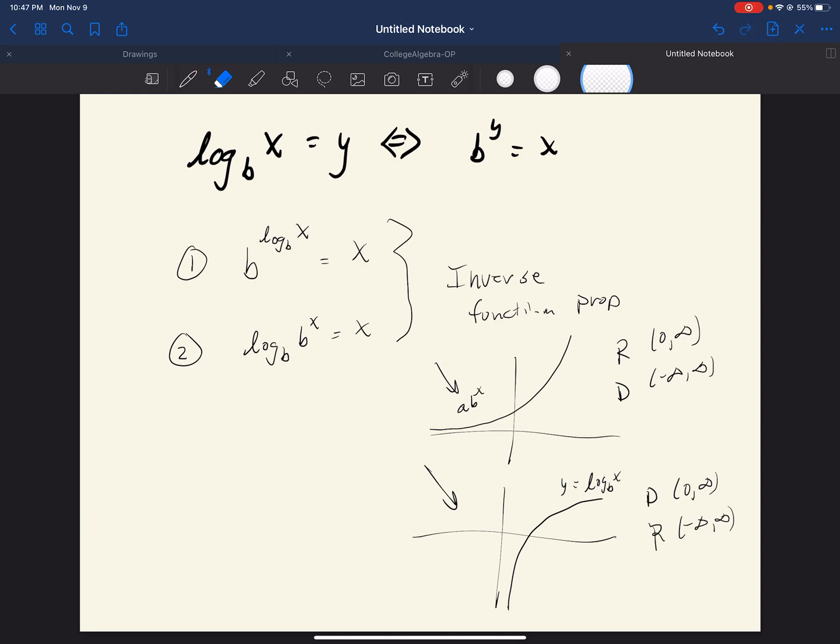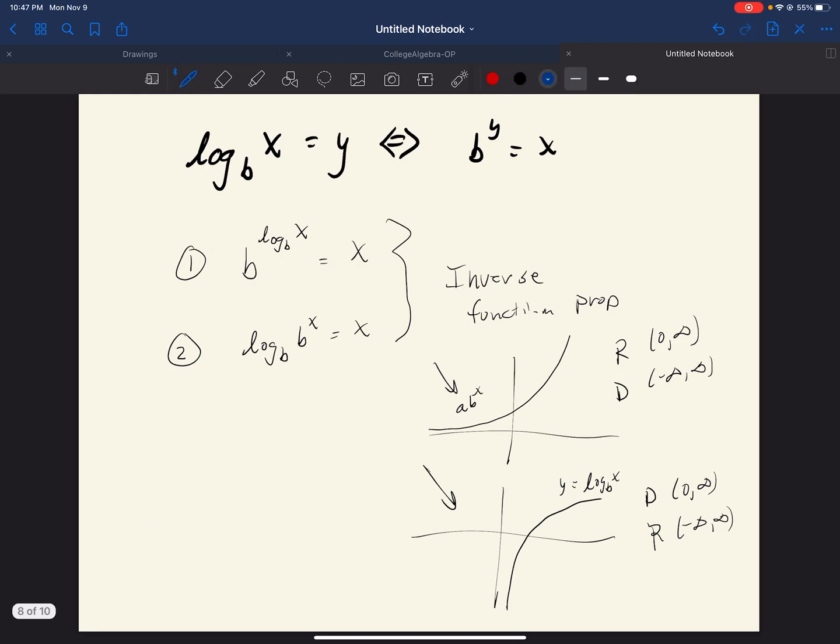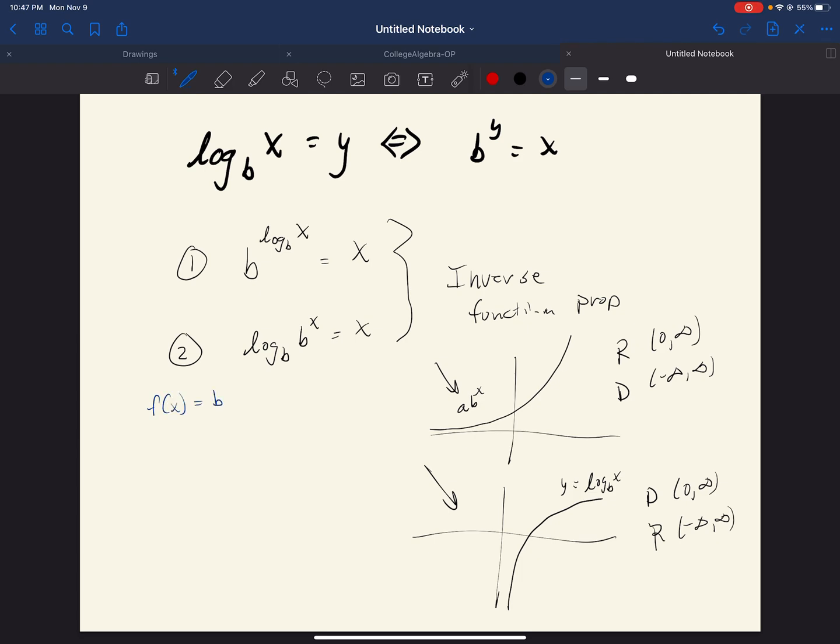If we let f of x be b to the x and g of x be log base b of x, then recall that if f of g of x equals x, and it's very important that there's an "and" there, and g of f of x is equal to x, then, and only then, f and g are inverses.